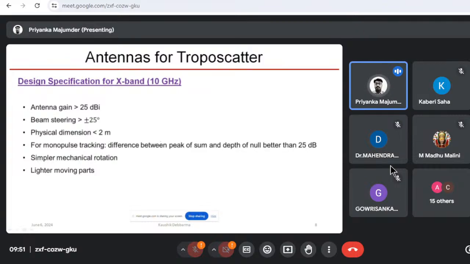So the first thing that an engineer does is go through some of the specifications that are given here. I'll try my best to explain what all these parameters mean and why we set these kinds of values.